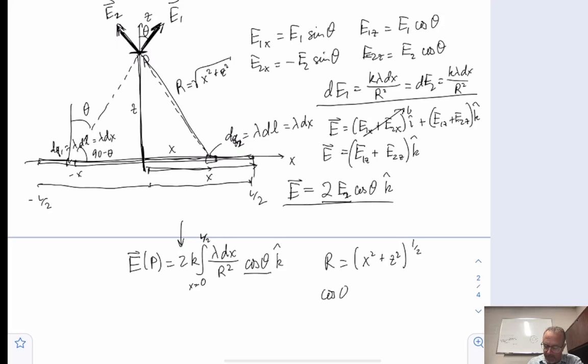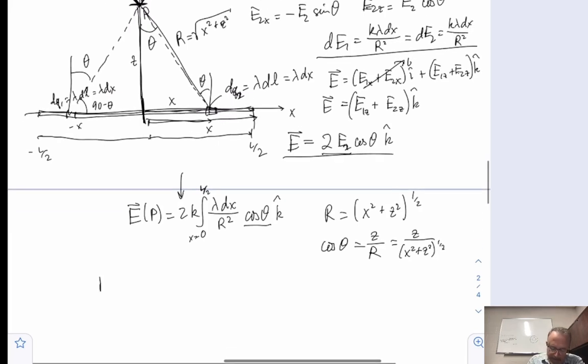The cosine of theta, in fact, I kind of did it a minute ago. It's this angle right here, which makes it this angle right here, which means that it is the adjacent z over the hypotenuse r. So the cosine of theta is equal to z over r, which is z over x squared plus z squared to the 1/2.